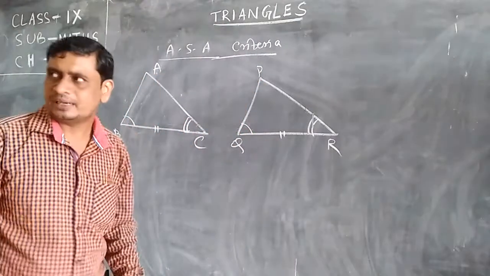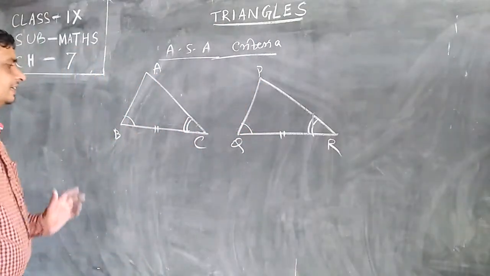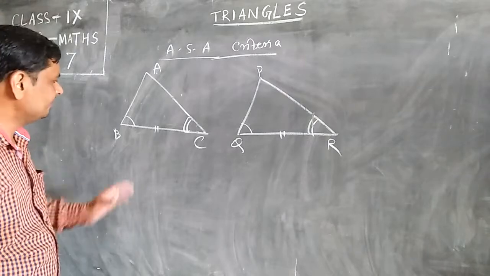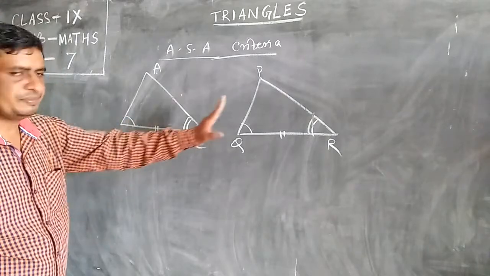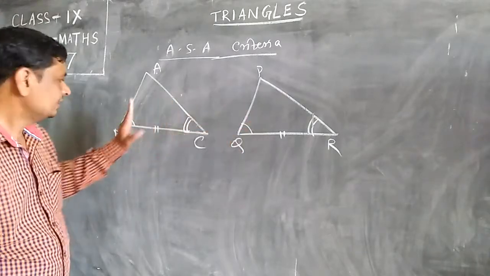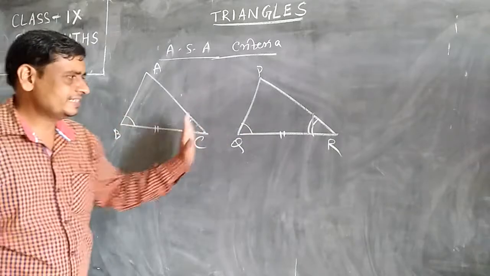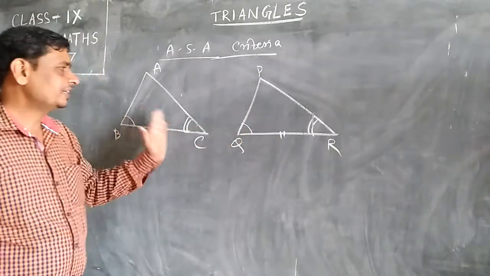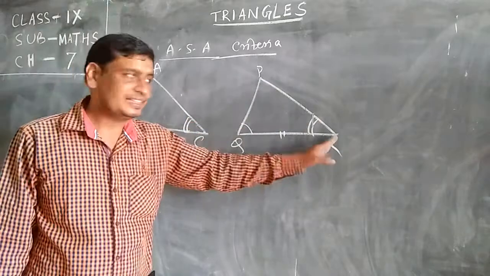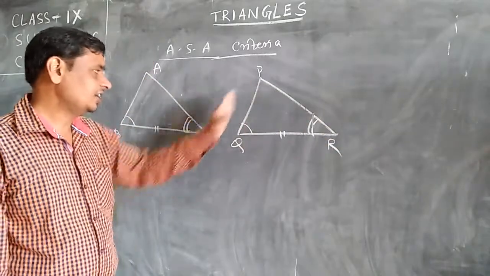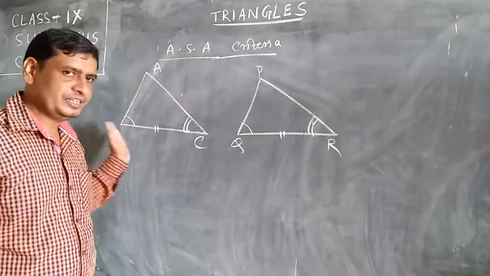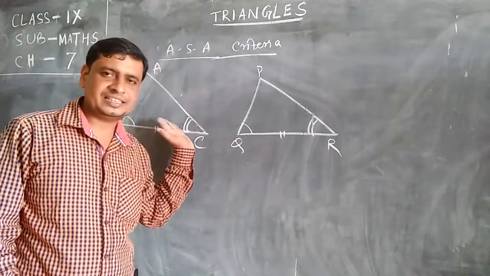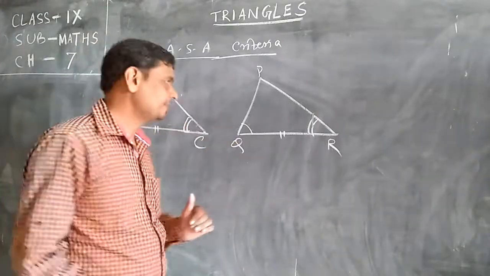So how do they become congruent here? One condition will arise. Given these equalities, B and Q equal, C and R equal, and BC and QR equal, whether PR is greater than AC, or PQ is greater than AB, or it is smaller than the side of this triangle, what will happen there?